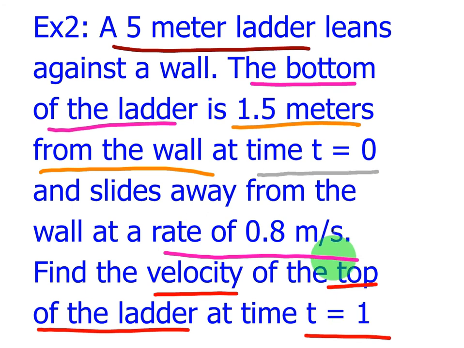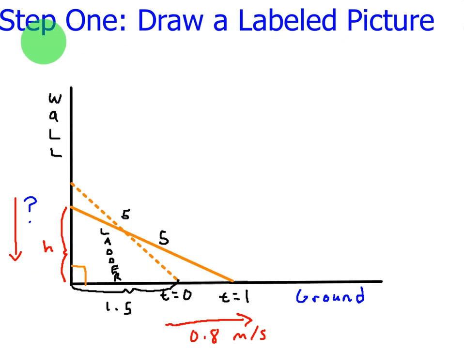So without further ado, let's go ahead and look at the picture that I drew and talk about what it means. Okay, so just like in the last example where we drew a fish tank, this one we're going to draw an illustration of a ladder. Now first of all, we don't know the angle, so I'm just going to sketch.